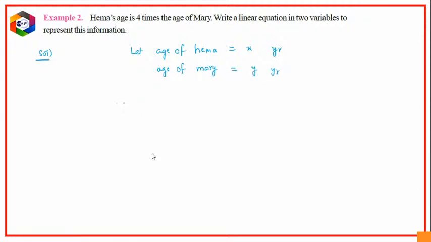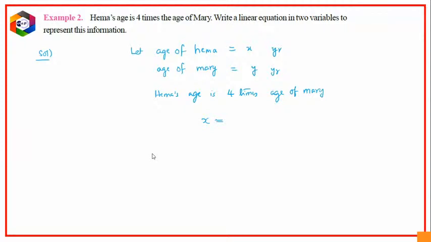Now, the relation it is given, Hema's age is 4 times the age of Mary. That means there is a relation between them as given. So Hema we assumed as X. Is means it is equal to 4 times.